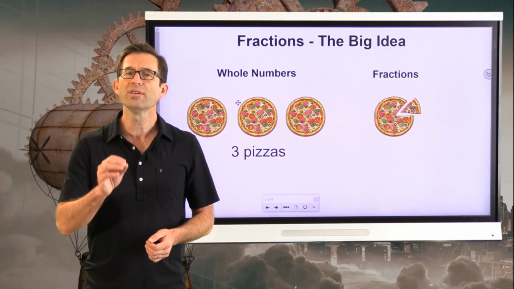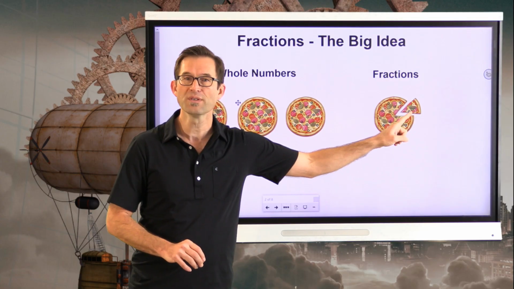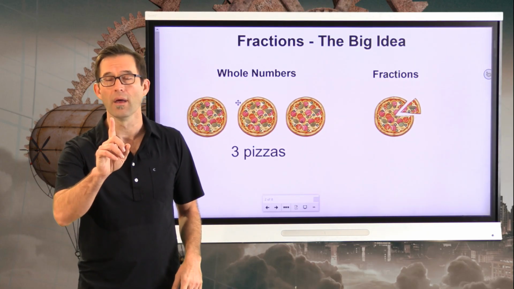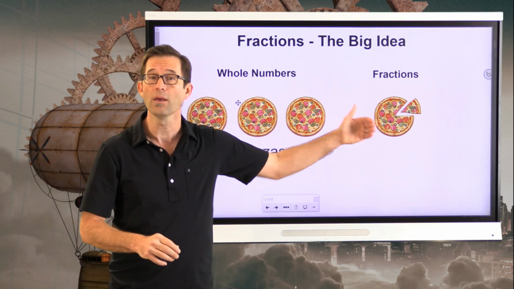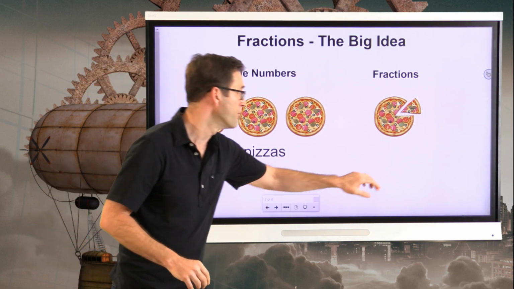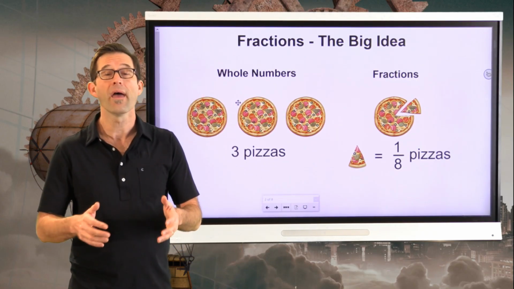But we still want to be able to represent how much this portion represents in terms of the number 1. And so what do we say? We say, well, we cut this thing up into 8 equal portions, and we have 1 of them. Therefore, we have 1/8.